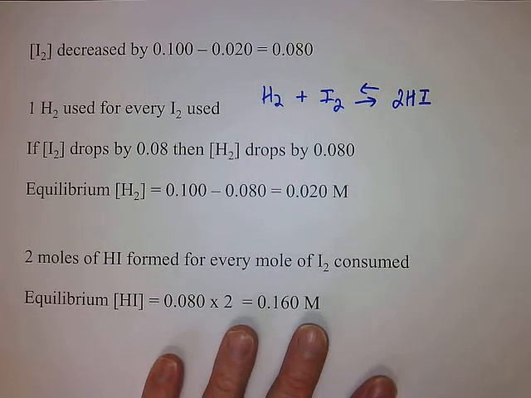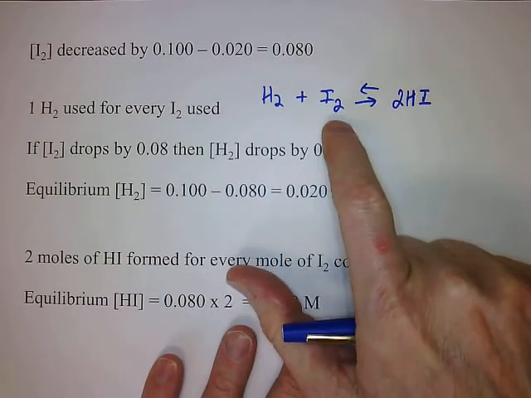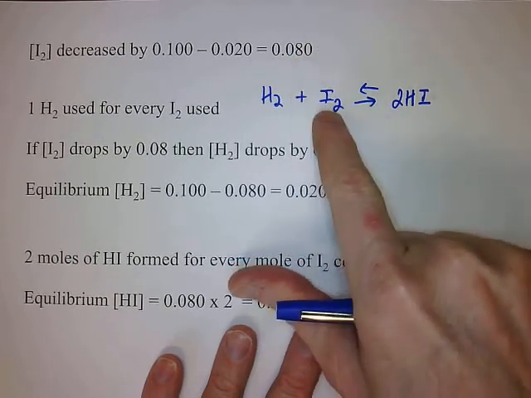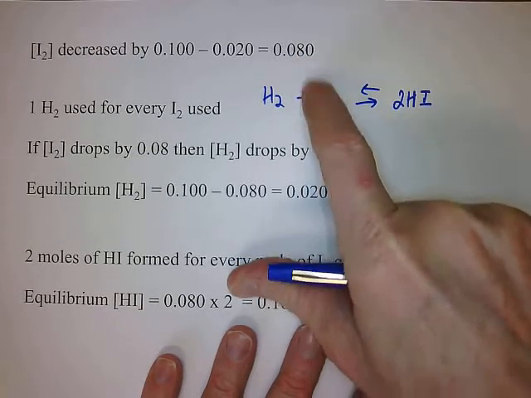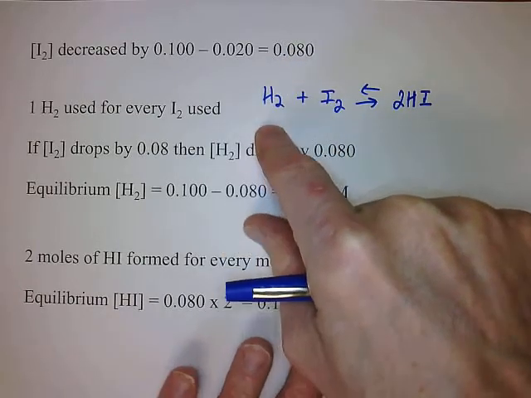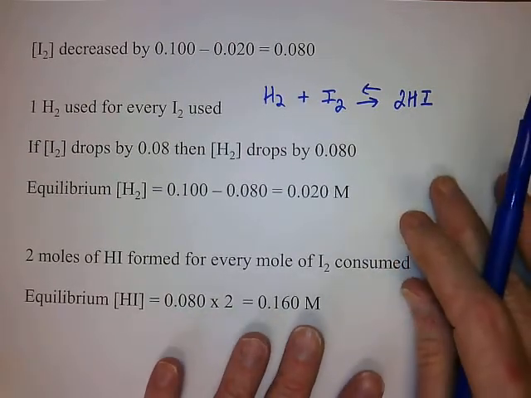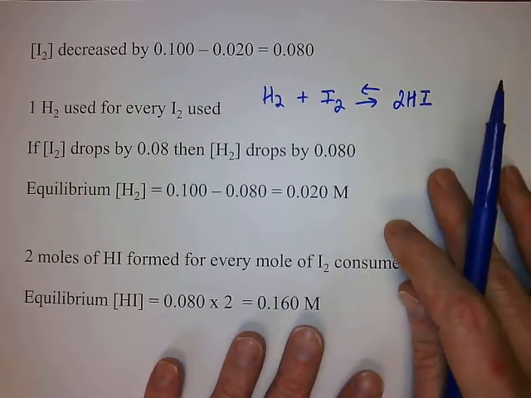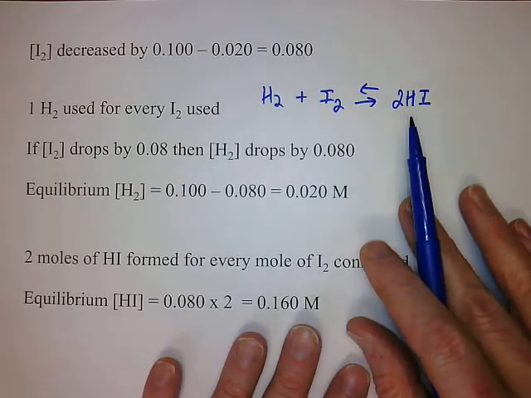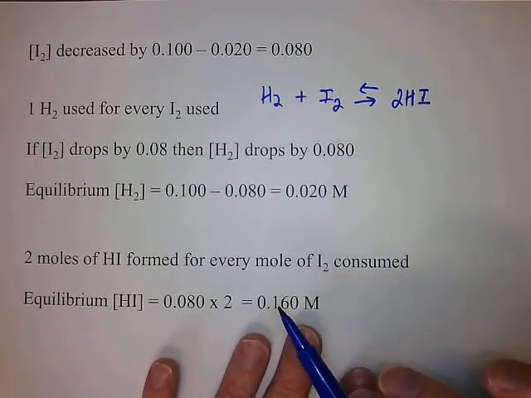So basically then, if this went down by 0.08, then this went down by 0.08. Remember that reactions do not create matter. You can't have matter coming out of thin air. All chemical reactions do is rearrange the matter that's already present.